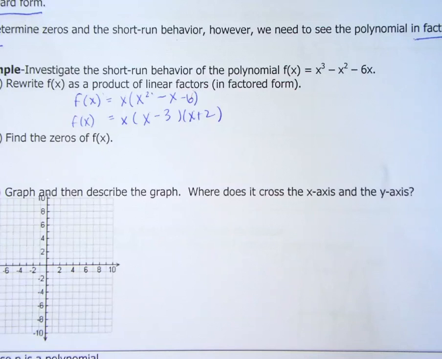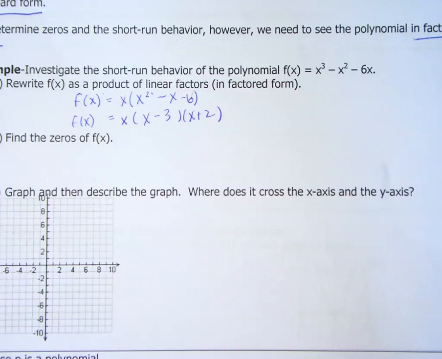You can then go ahead and put this function in your calculator. If you want to go back to the standard form of it to enter it, that's fine. You can also enter the factored form. It really makes no difference. I think it's a little bit quicker to do the standard form, but.